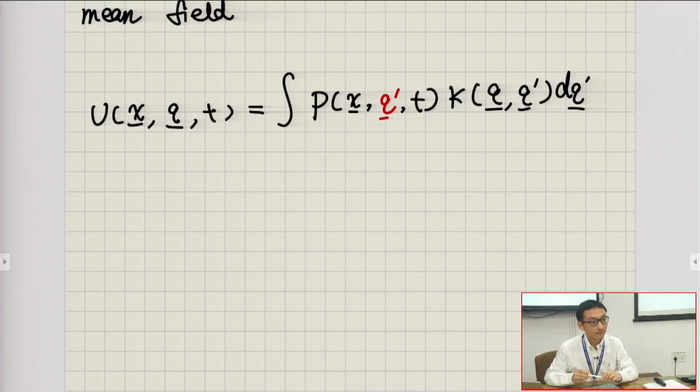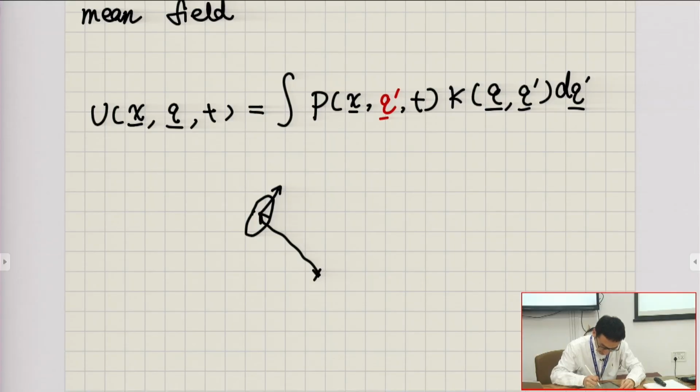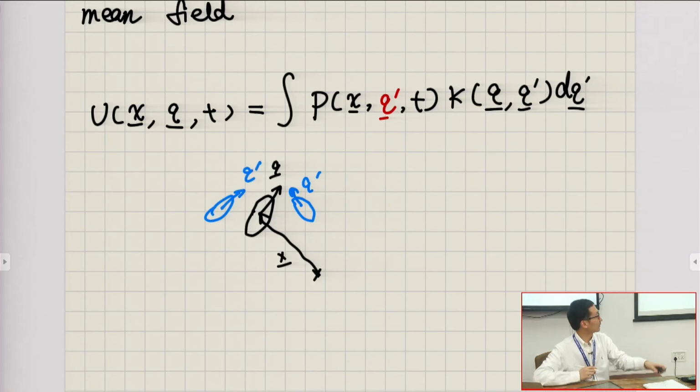So this is at position x and angle q, but there are other particles around me. Those are all q primes, and there can be multiple of them. That's why you have to integrate against q prime. Those are my neighboring particles.